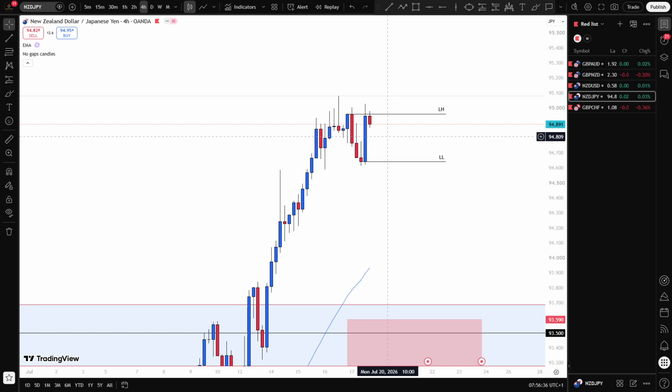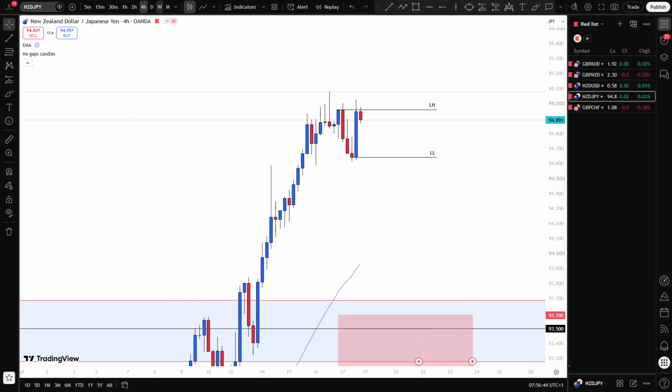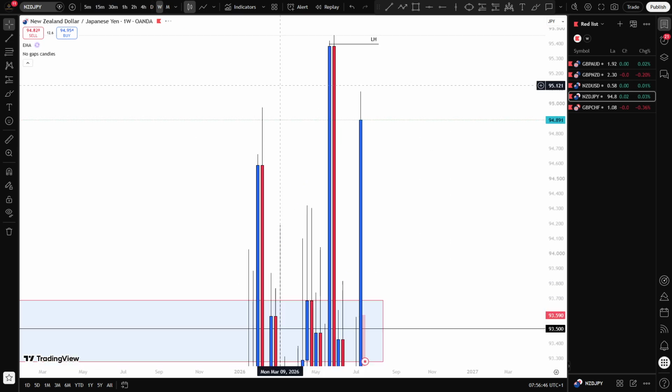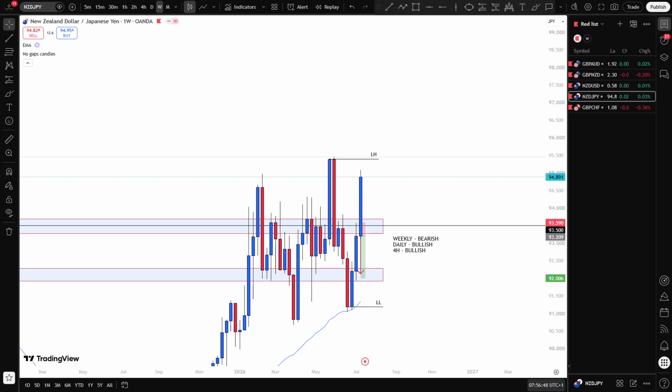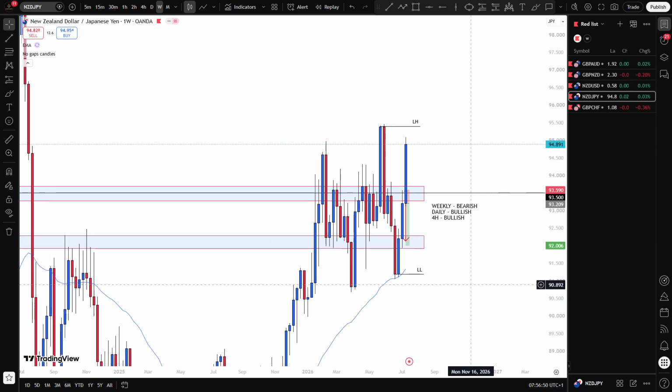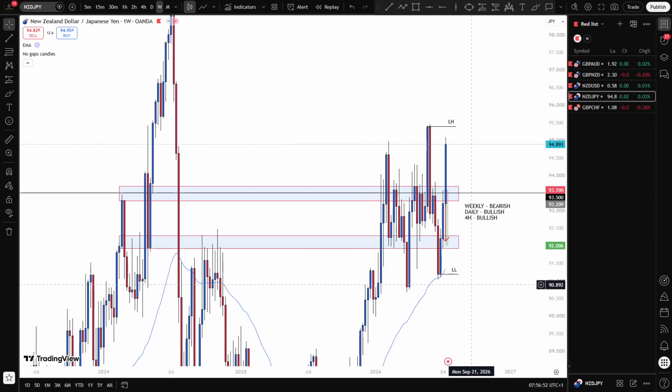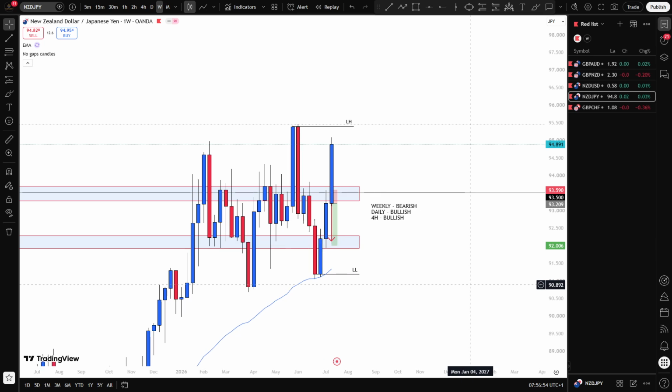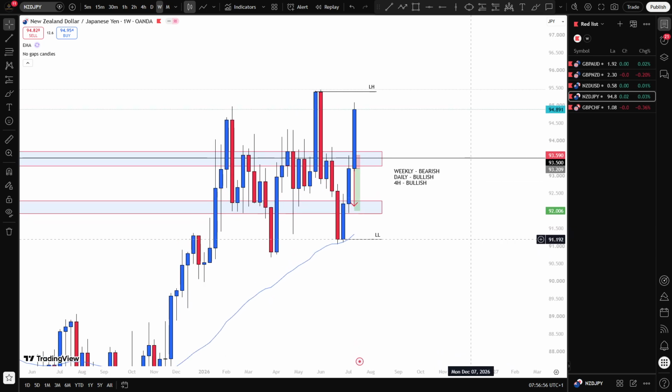So now we are bearish, anticipating the continued pullback to this place. We are still bearish here, so nobody entered there. That's why I did not take this trade.